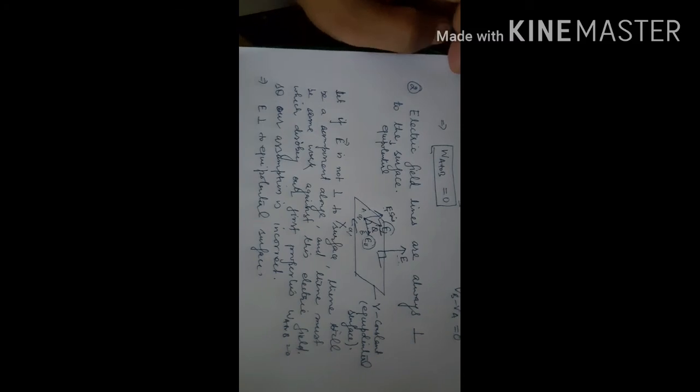This means whatever I have supposed, that the electric field is making some angle theta, is incorrect. So we can say that electric field lines are always perpendicular to the surface. That is what we conclude here.